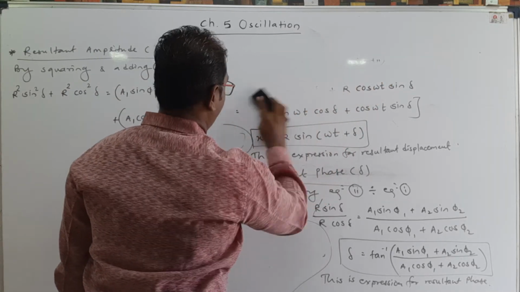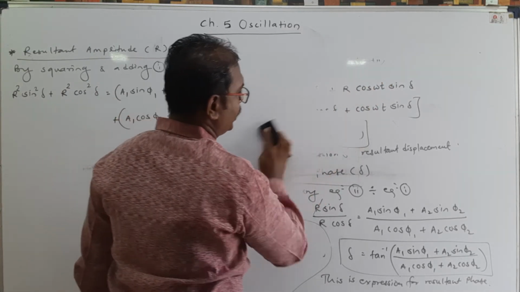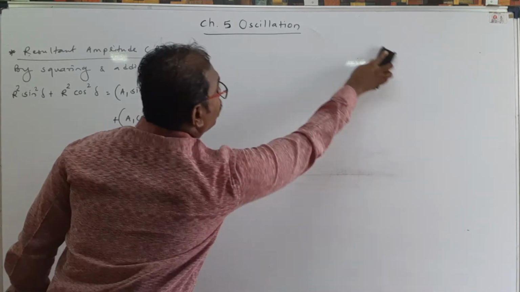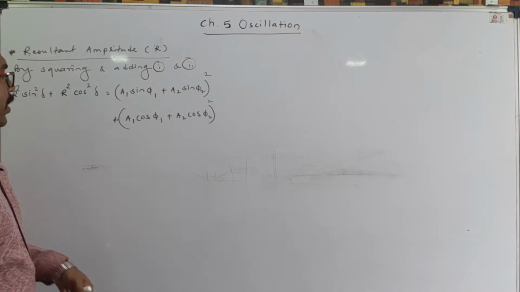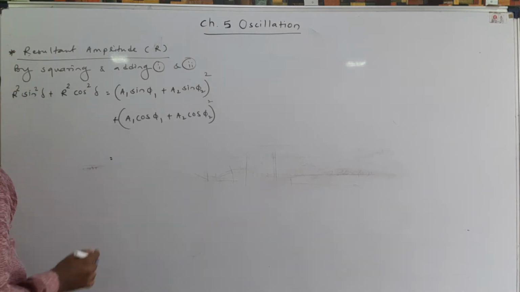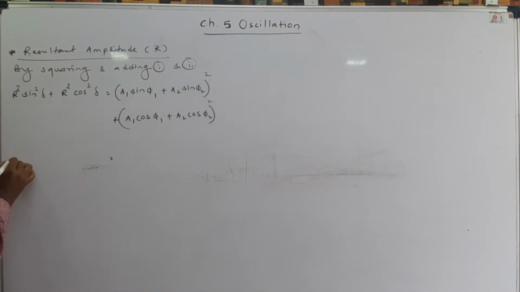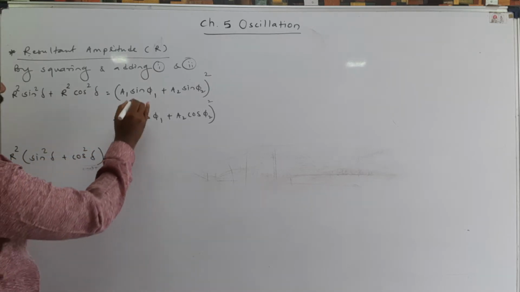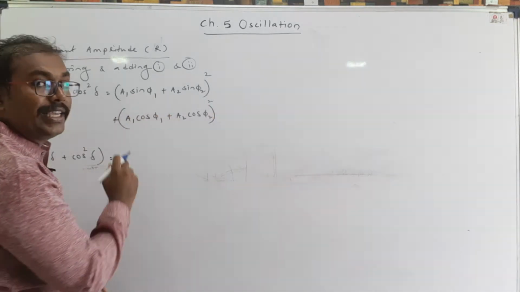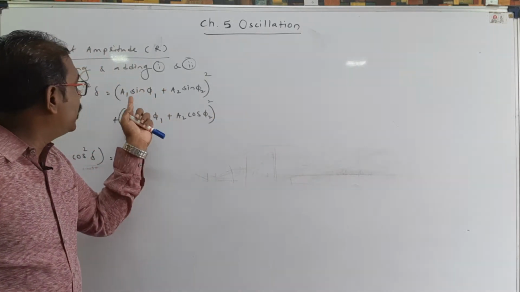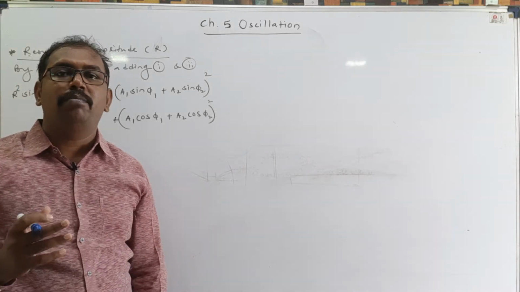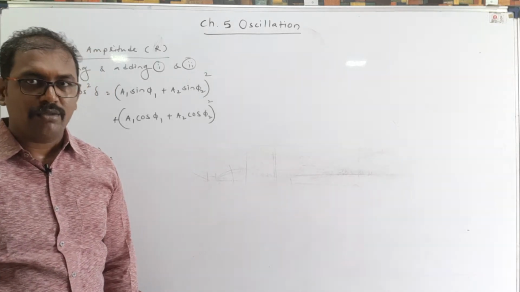We require more space here, so I will erase this one. Okay. Now after doing this square, R square is common, so I can take R square common: in a bracket, sin square delta plus cos square delta. Now I can expand the square of this by using (a plus b) whole square. You know that (a plus b) whole square is a square plus 2ab plus b square.